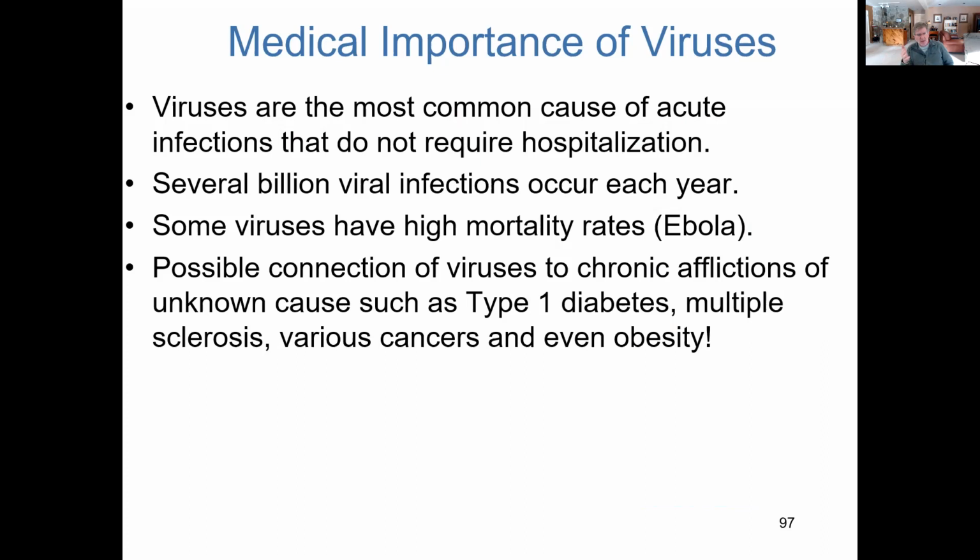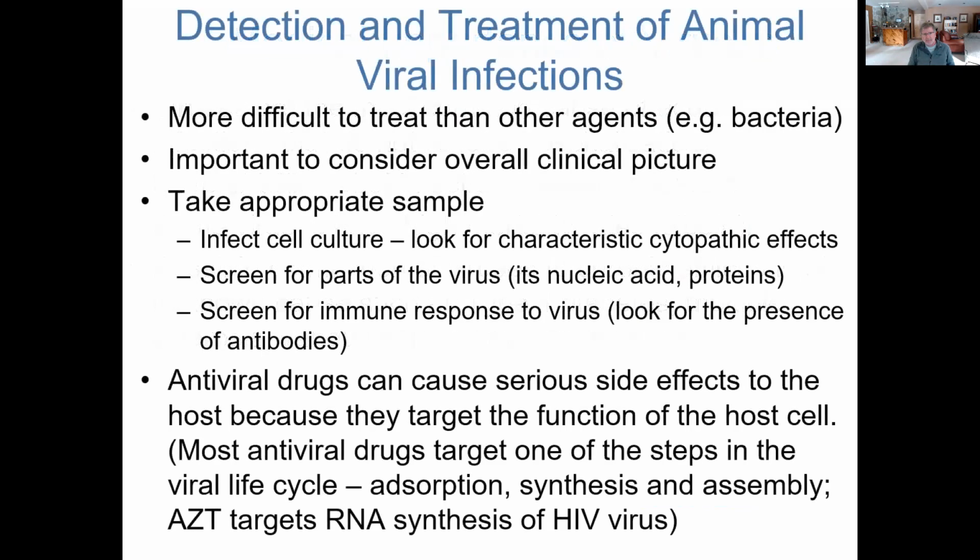Well, perhaps there's some research to suggest that in some cases, obesity may be due to exposure to different kinds of viruses that triggered that, or type 1 diabetes, or MS, as it mentions here. So again, a lot of work still needs to be done in seeing if there is a direct correlation between viruses and certain long-term chronic afflictions. Very interesting to study.